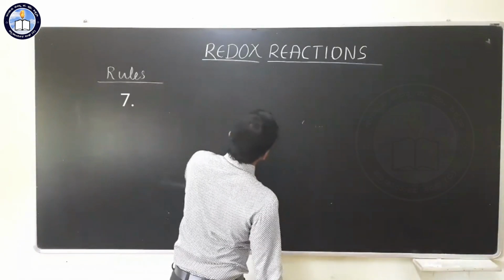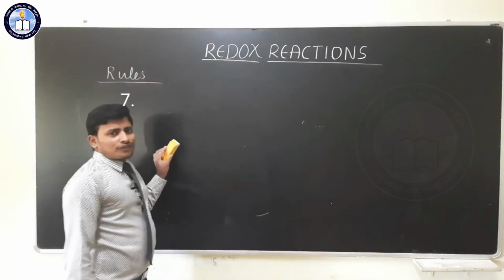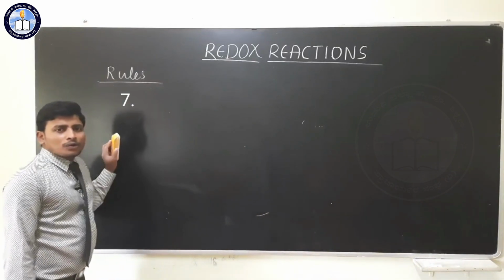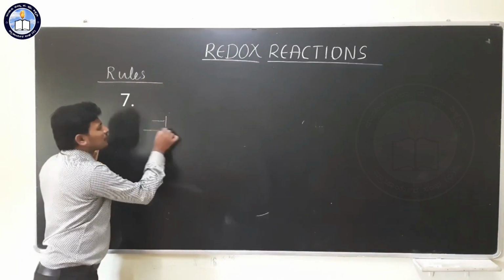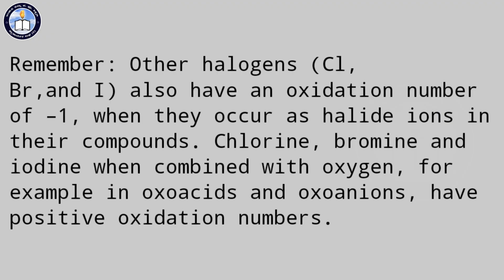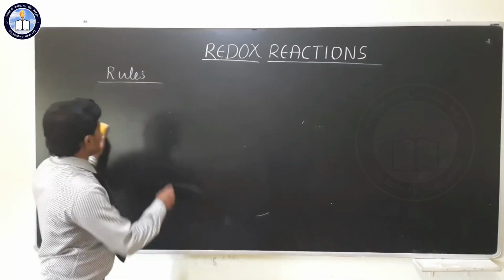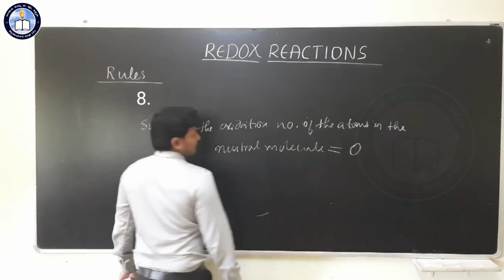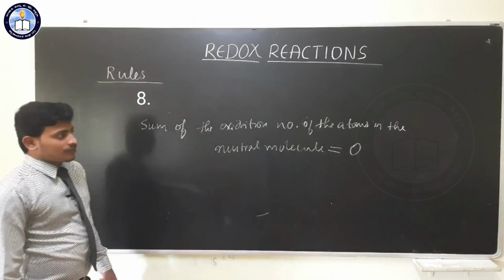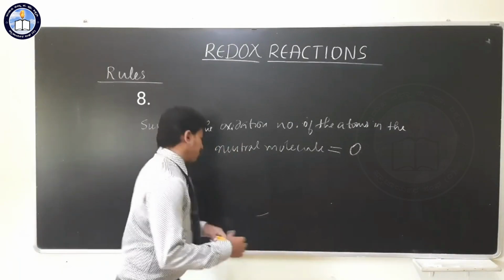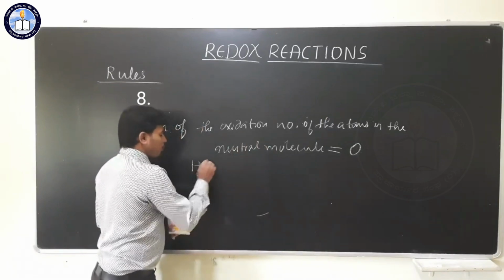The seventh point says that oxidation number for fluorine is always -1. There is no change for this. Next one: the sum of the oxidation numbers of the atoms in a neutral molecule is taken as 0. Let me take a simple example, H2O.